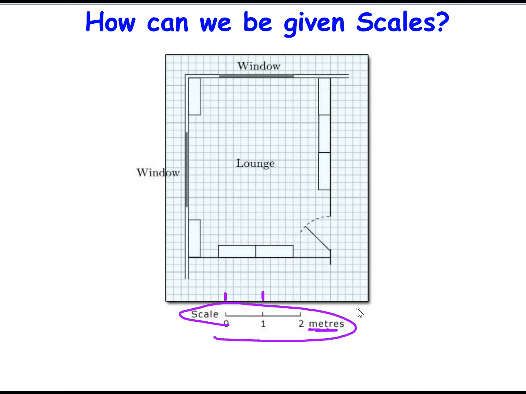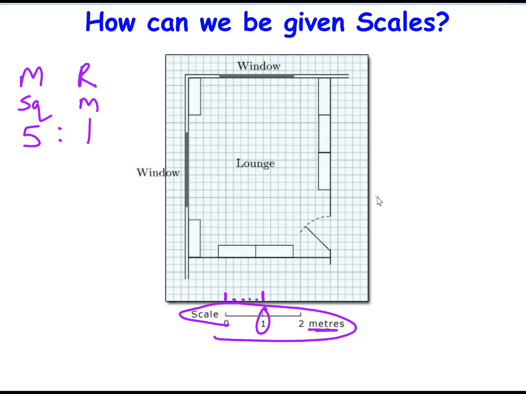The real world is using meters, and I know that 1 meter is 1, 2, 3, 4, 5 squares. Does that make sense? So now I'm talking about the real world in meters, and as far as my drawing's concerned, because it's got all these lovely squares on, I'm going to talk about squares.